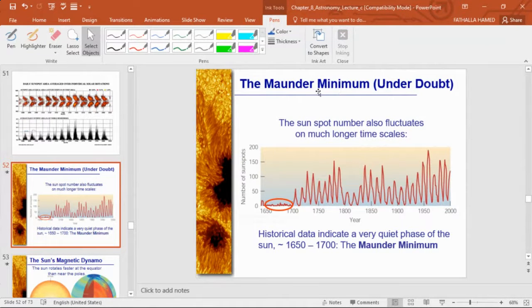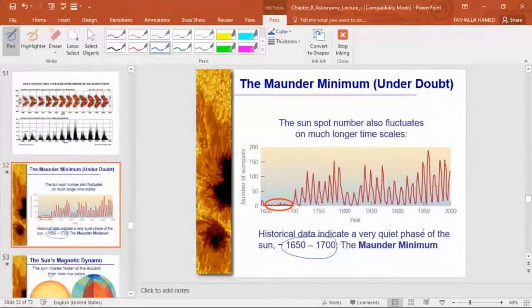lower. There is something that's known as the Maunder minimum, and it happens between 1650 and 1700. While it's still showing maximum and minimum in the sunspots, it seems to be basically lower. And some argue that maybe the sun will go through times where it has low activities.